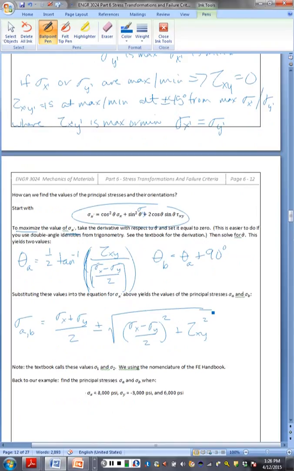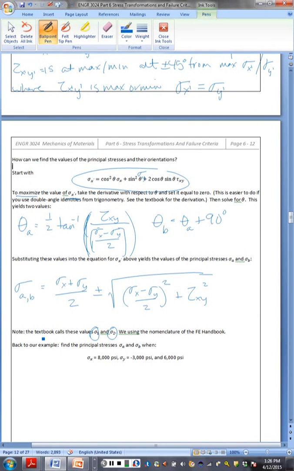A note about nomenclature: some places will note these as sigma 1 and sigma 2. We're following the FE handbook, which notes these as principal stresses sigma A and sigma B.